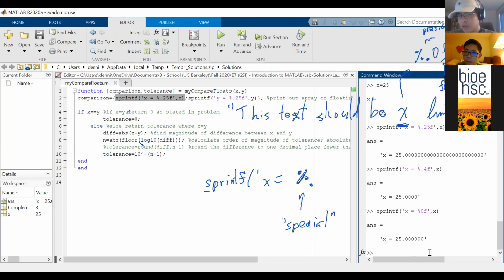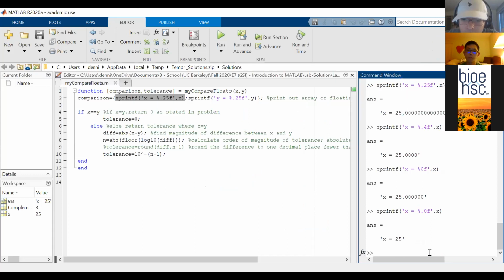So when you hit enter, this would give you a sentence with an actual number that you would put in the input. So yeah, this function right here will display 25 with 0 decimals. The one below that, it needs a decimal point. I'm not sure what this is doing.